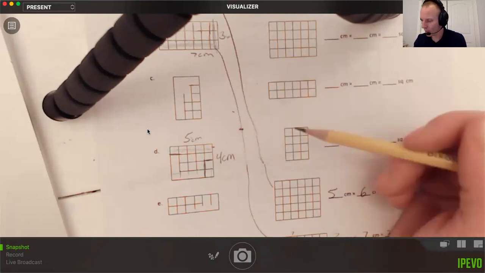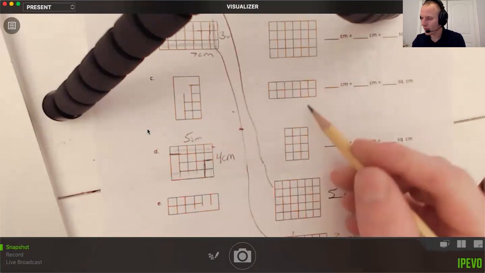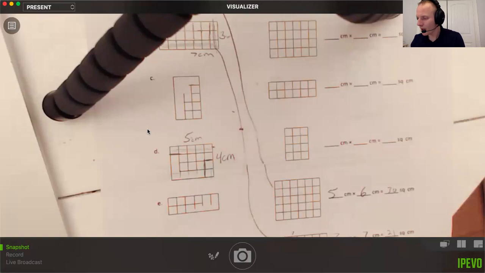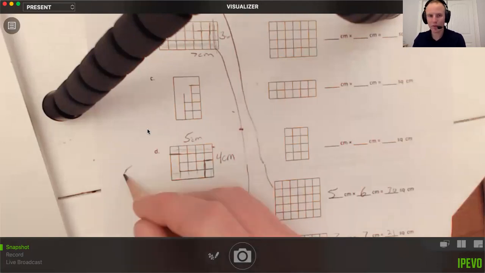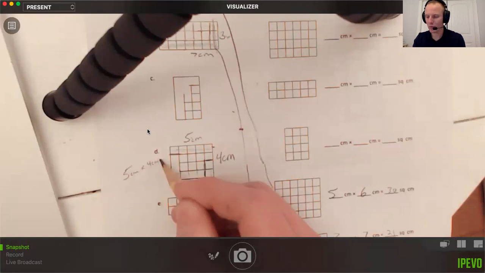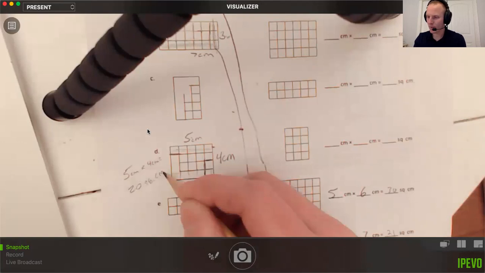I think that we have one that doesn't line up to any of our partners over here. We do, huh, interesting. Okay, well, anyway, this is 5 centimeters times 4 centimeters equals 20 square centimeters.